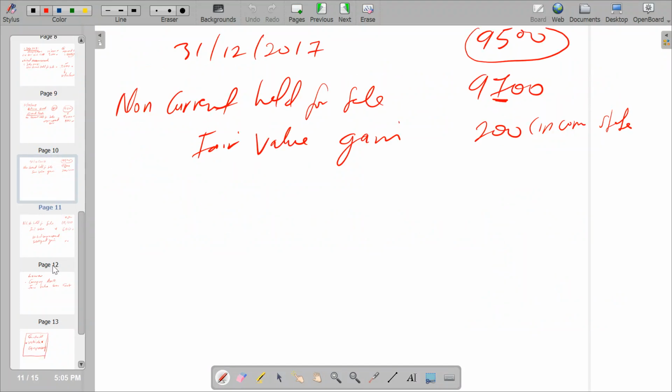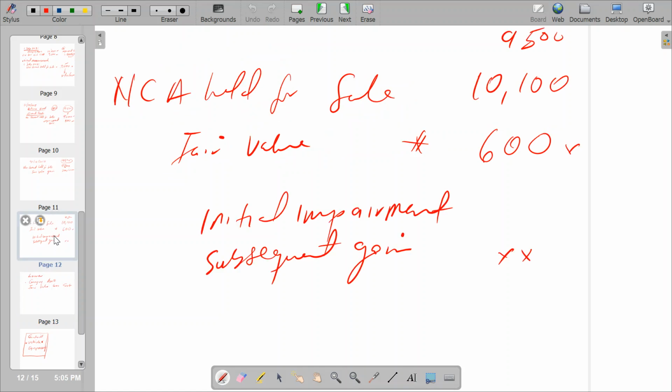So it means that this gain should be limited to 500. Even though it should be 600, because the principle says subsequent gain should not exceed the initial impairment loss, we have to limit it to 500, which means this one too has to be reduced to 10,000.